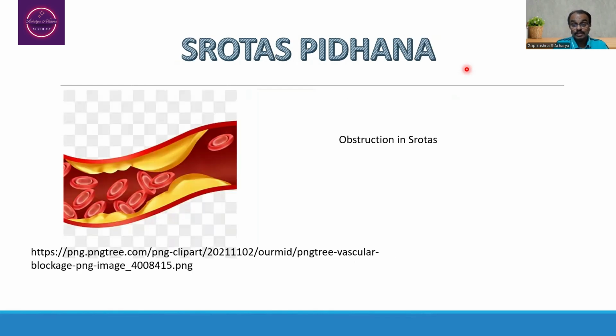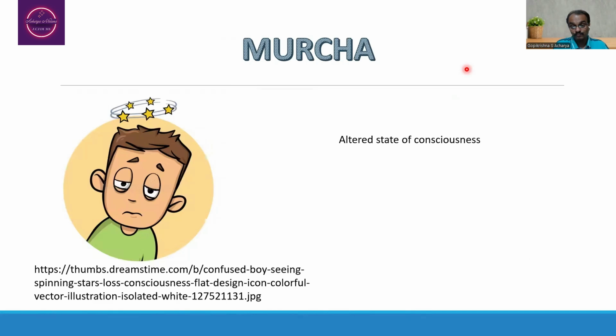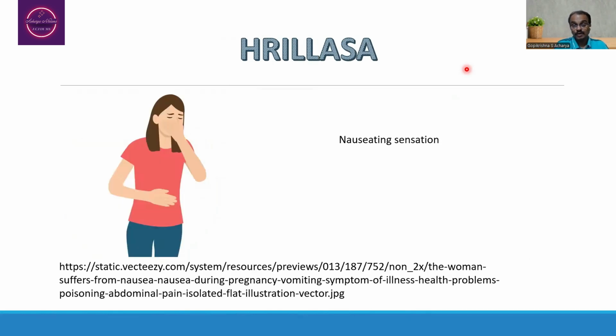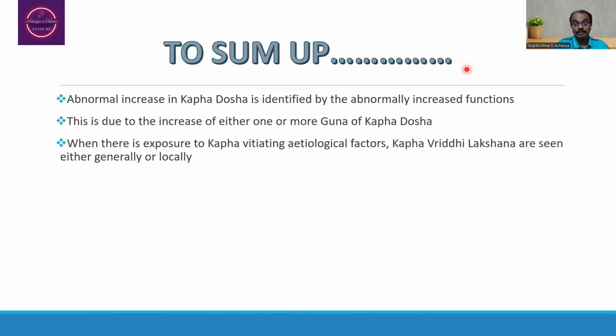Again, srotorodha, that is obstruction that may happen in the srotas. Murcha, altered state of consciousness. Hrillasa, that is nauseating sensation. So these are the lakshana that may be observed in cases of kapha dosha increase in the body.